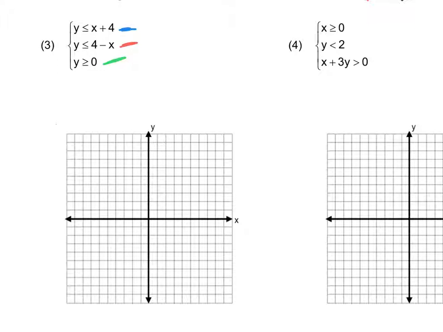All right, x plus 4, 1, 2, 3, 4, with a slope of 1. Is this going to be a solid or a dashed line? Solid. So let me do a solid. Oh, undo. Oh, wow.